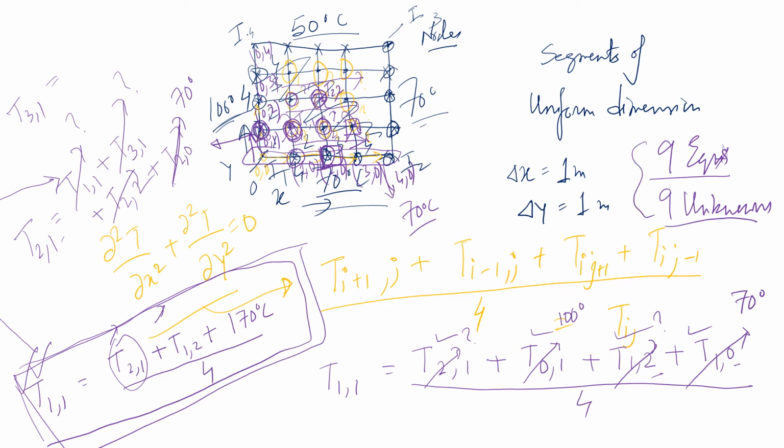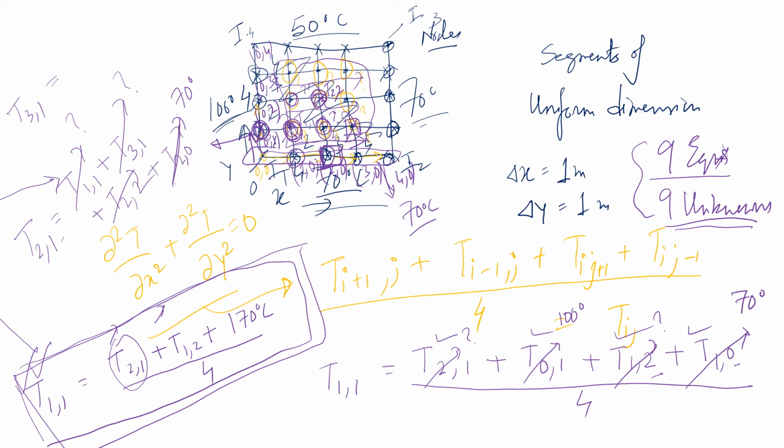So you can solve it by the binary solution method or the equation solving method, and then you can find the values of these 9 unknowns. And then you also get to know the values of the internal nodes of the square plate.